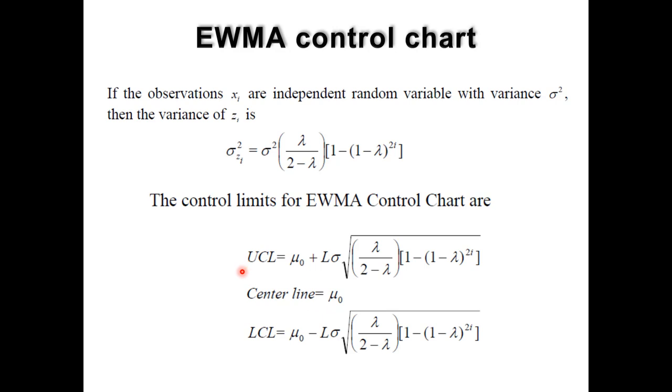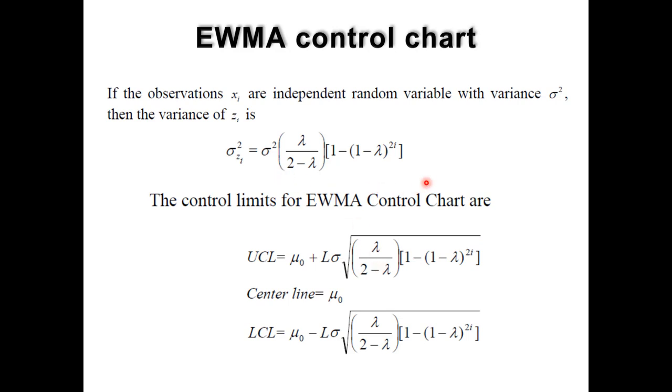And the upper and lower control limit can be computed by taking mu plus minus L times standard deviation sigma times the square root of variance of the Ewma z statistic.